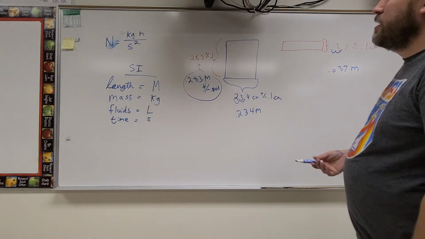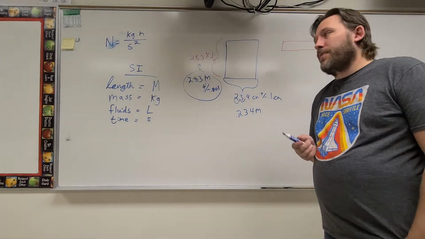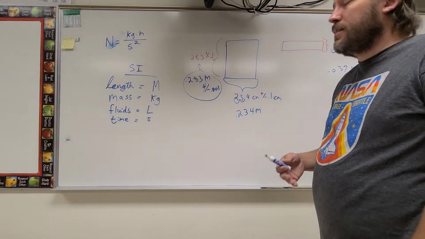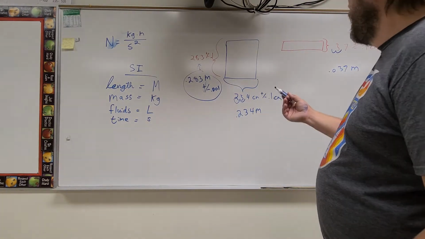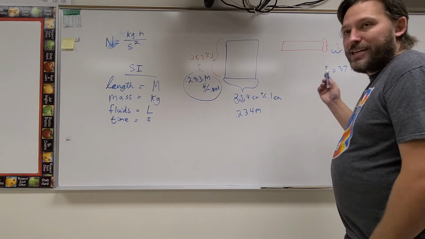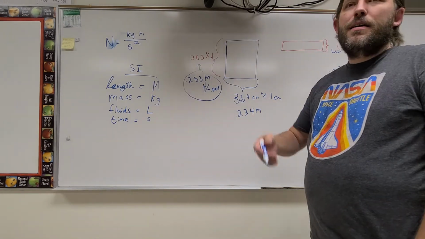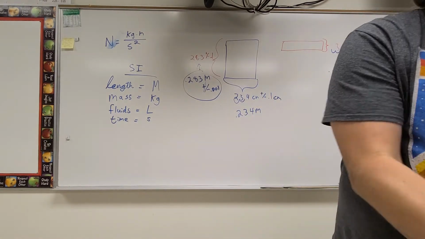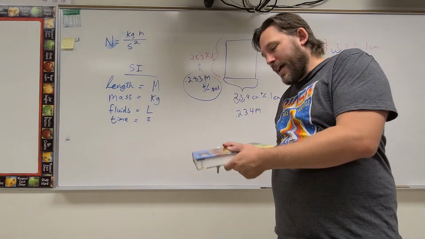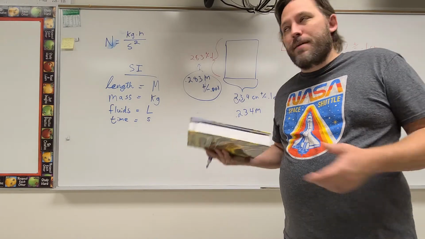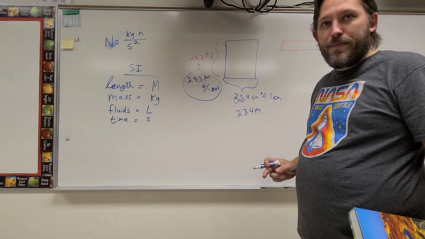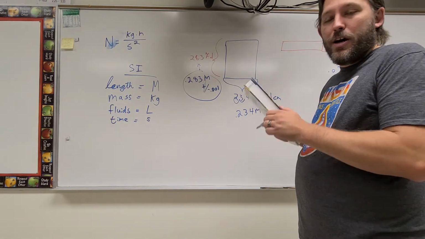Because if I then wanted to know the density of the book, now density isn't covered in this class, it's an AP2 topic, because we do fluids in AP2, not in AP1. We would need to know the volume, because mass divided by volume is the density of an object. So if I were to take this textbook, I would put it on a scale, I would get its mass in kilograms, and I would divide by these 3 numbers multiplied together, and that would give me the density of the book.